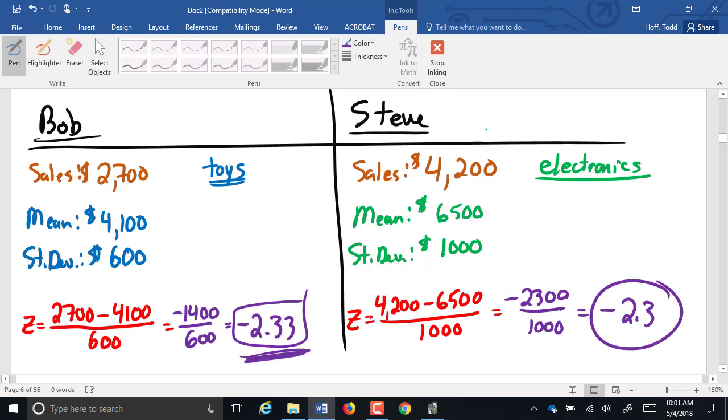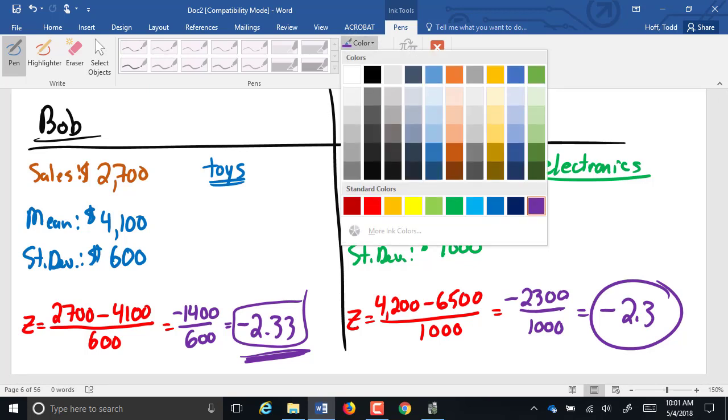Bob was slightly worse. Negative 2.33 is a little bit further below the mean than just negative 2.3. So Bob just missed it. So goodbye, Bob. Should have bought something for the kids at home, huh?